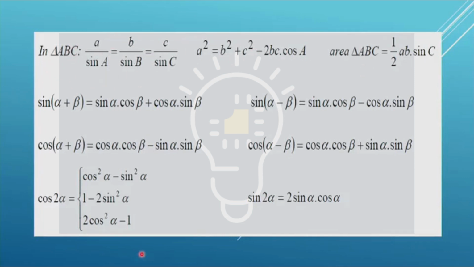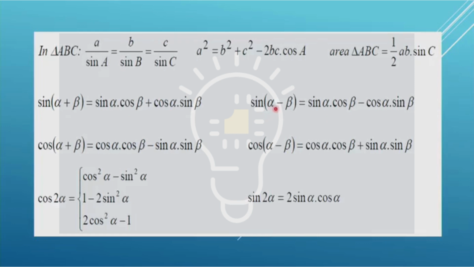Then in grade 12, we also learn the double angle and the compound angle formulae. Here we have the sine of alpha plus beta is equal to sine alpha cosine beta plus cosine alpha sine beta. Moving across here to the sine of alpha minus beta, notice we have sine of alpha cosine beta minus cosine alpha sine of beta. If you look at these two formulae, you have exactly the same concept. Where you have a plus here, you're going to put a plus between them.